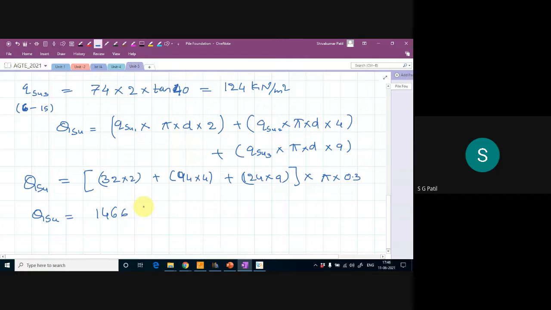Sorry, 1406.78 kilonewton. So this is my shaft resistance. Now Q ultimate equals Q base ultimate plus Q shaft ultimate. Add up all.